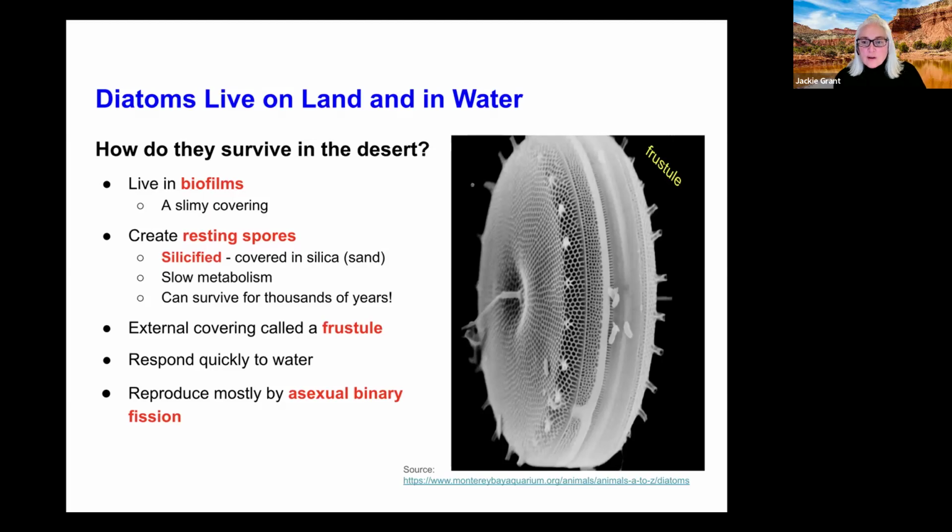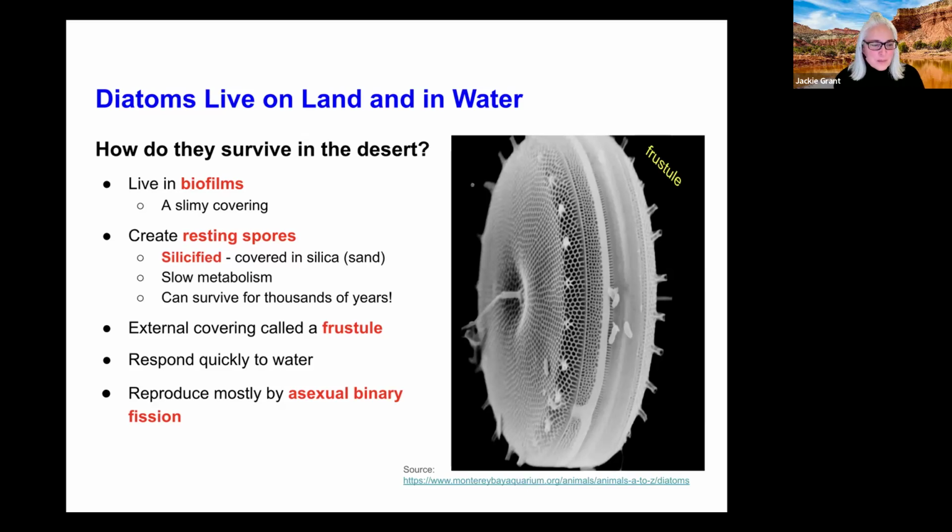So the diatoms can survive when it gets really, really dry by creating something called a resting spore. And this is just an extra strong silicified covering. Silicified means it's covered in sand and silica, and silica is the primary ingredient to sand. The frustule is made of silica, so it's quite heavy, and the resting spore is like a frustule on steroids.